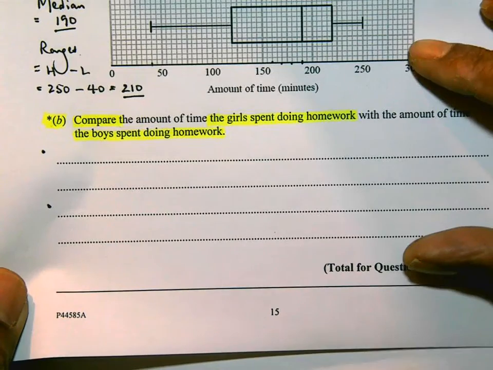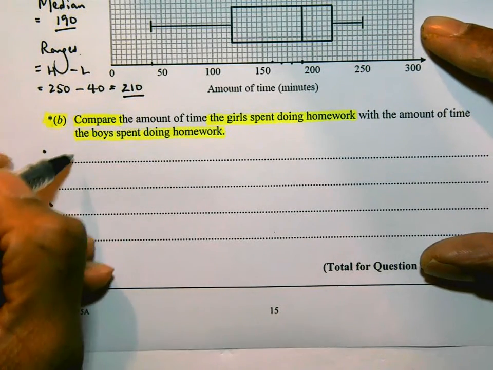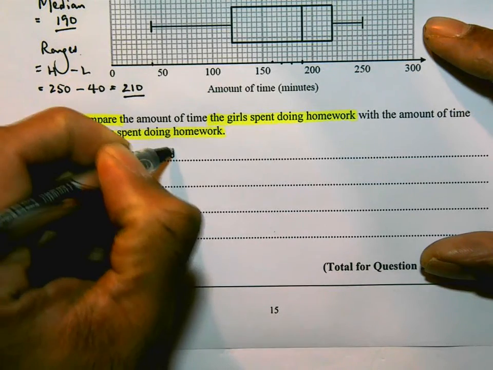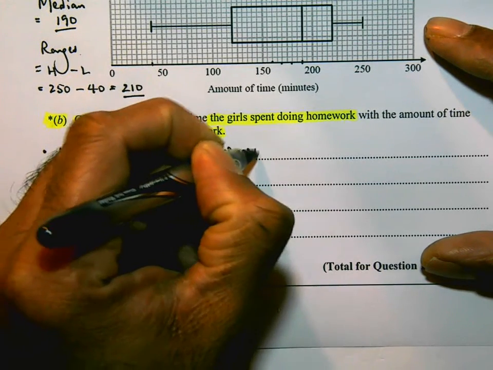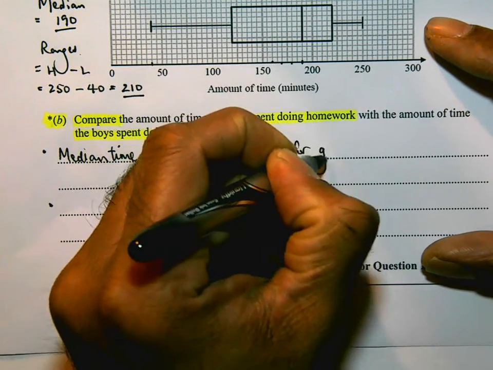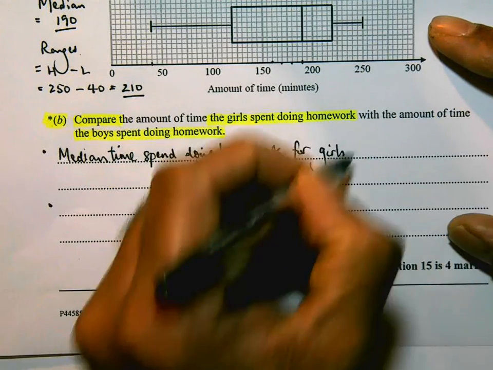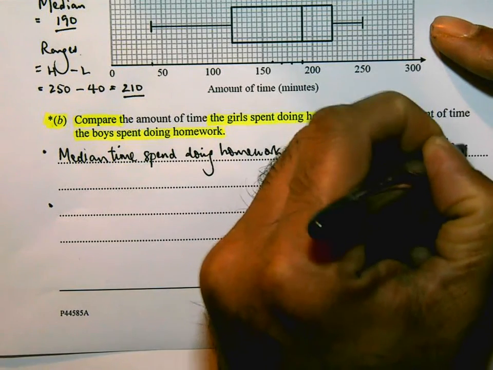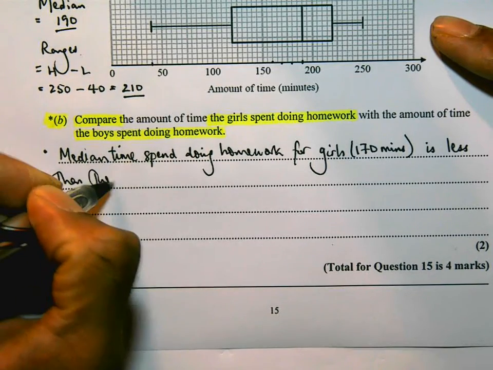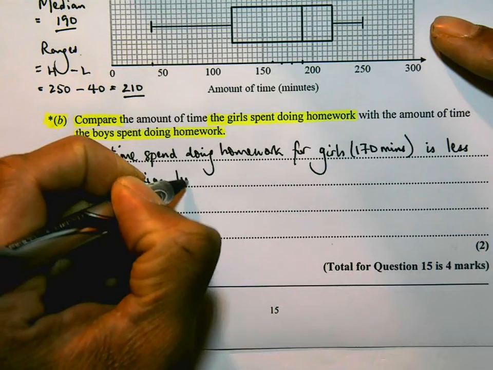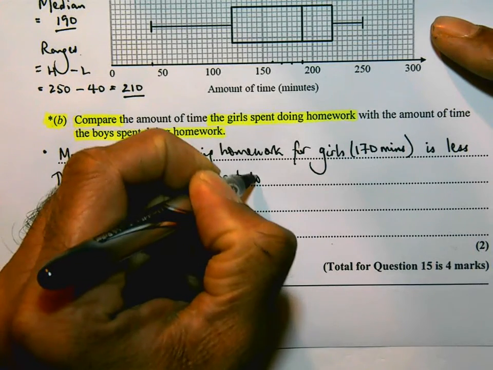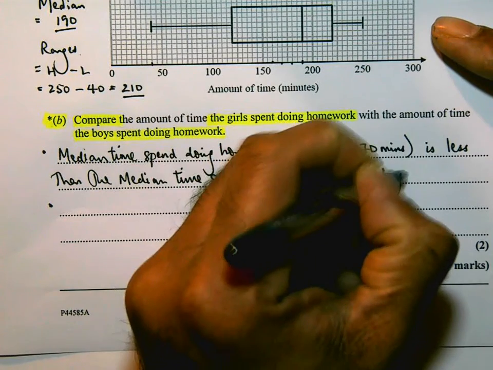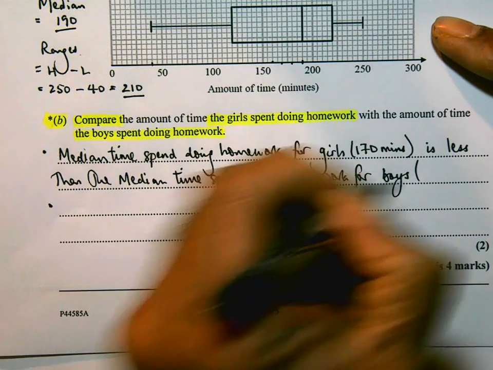So I'm going to write it down for median first. So the median time spent doing homework for girls, which is 170 minutes, is less than the median time spent doing homework for boys, which is 190 minutes.